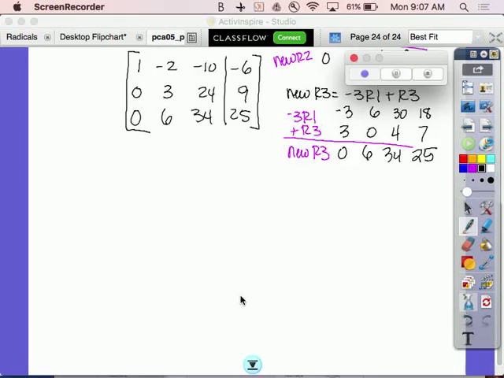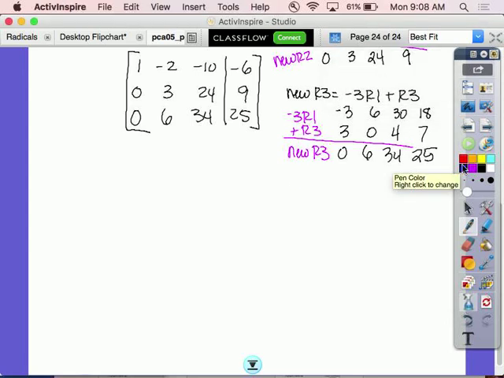All right, so the next thing we're going to do is move to row 2. The 0 is in the correct space, but this needs to be a 1. How are we going to make this a 1? We're going to multiply row 2 by 1/3. So I'm just going to write a shorthand here. 1/3 times row 2.